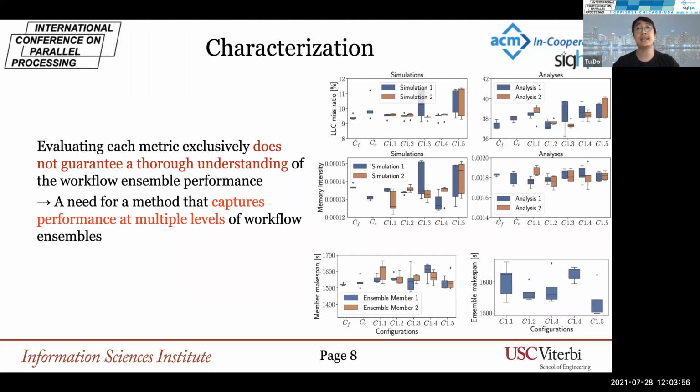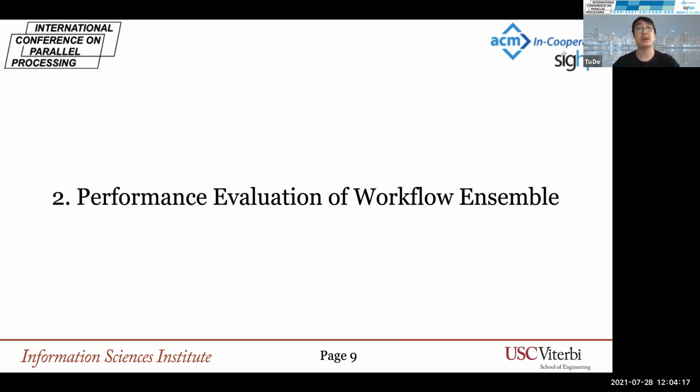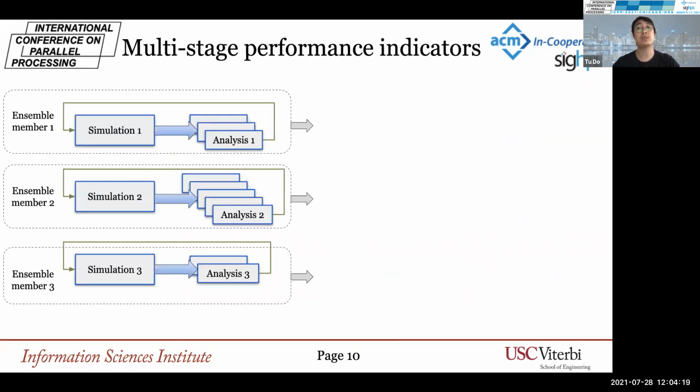However, we see that using these traditional metrics does not guarantee a thorough understanding of the workflow ensemble, and it's also not straightforward to gain insight about the behaviors of the workflow ensemble. So we think that we need a method to be able to do that, and that is how in this work we end up proposing multi-stage performance indicators to evaluate the performance of the workflow ensemble.